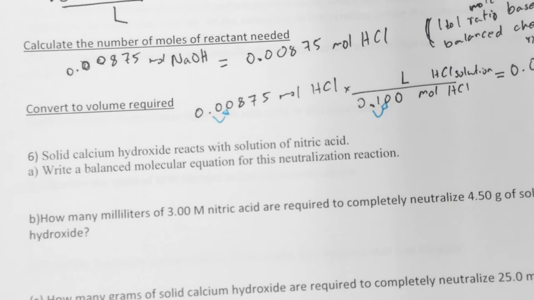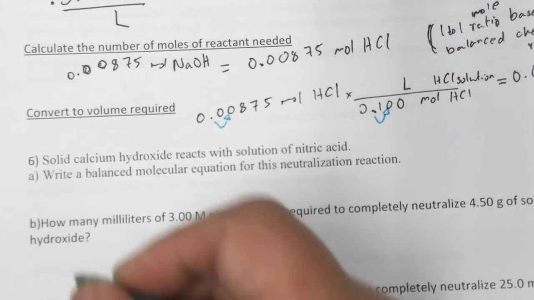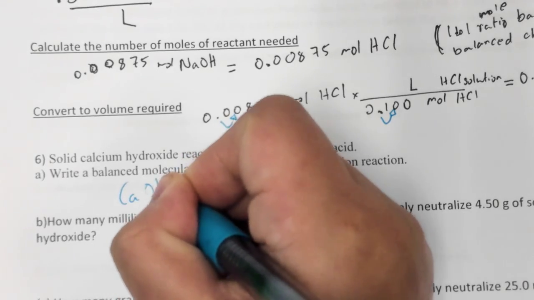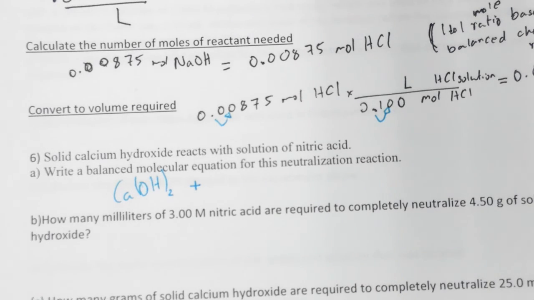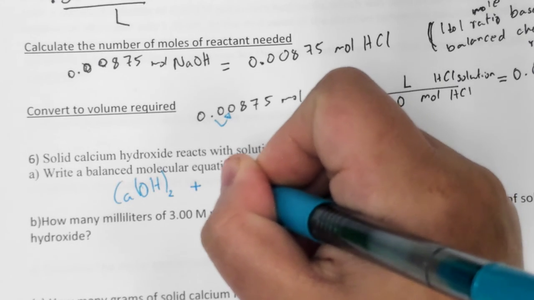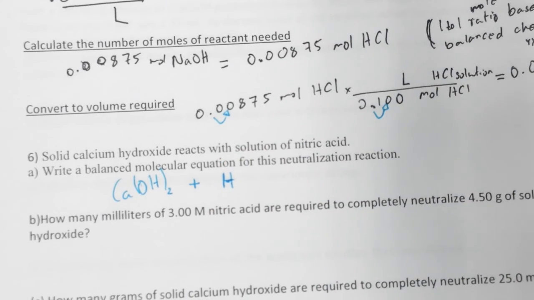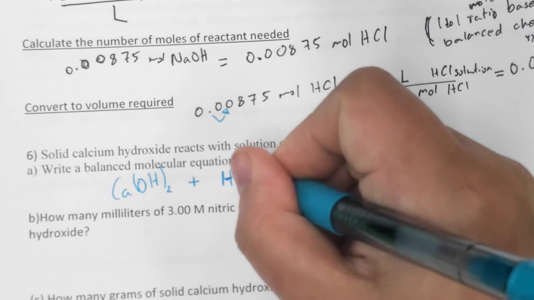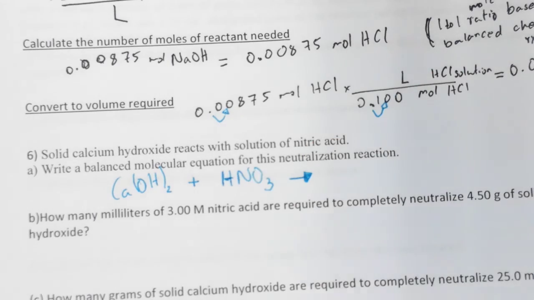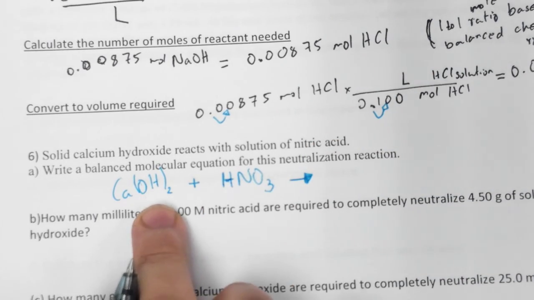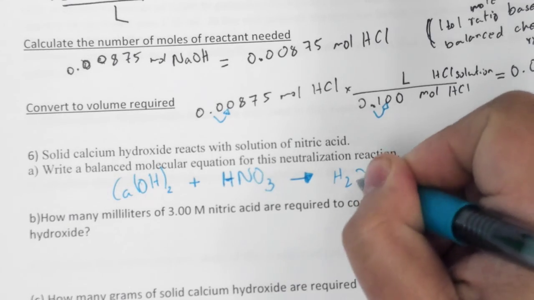Solid calcium hydroxide reacts with nitric acid solution. Okay, what is calcium hydroxide? Ca(OH)2. Okay, make sure parentheses around that. Nitric acid, what is nitric acid? It comes from nitrate, yeah. It's HNO3. Remember what's going to happen. The H is going to go to OH and form water, right?